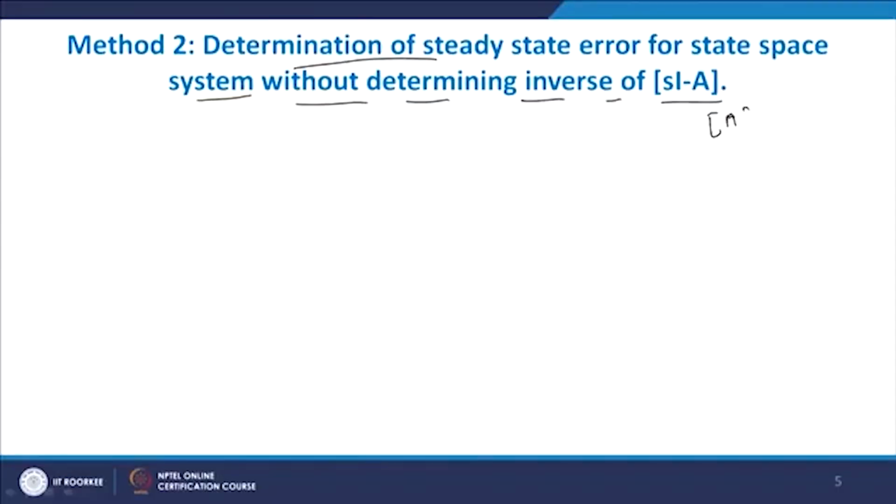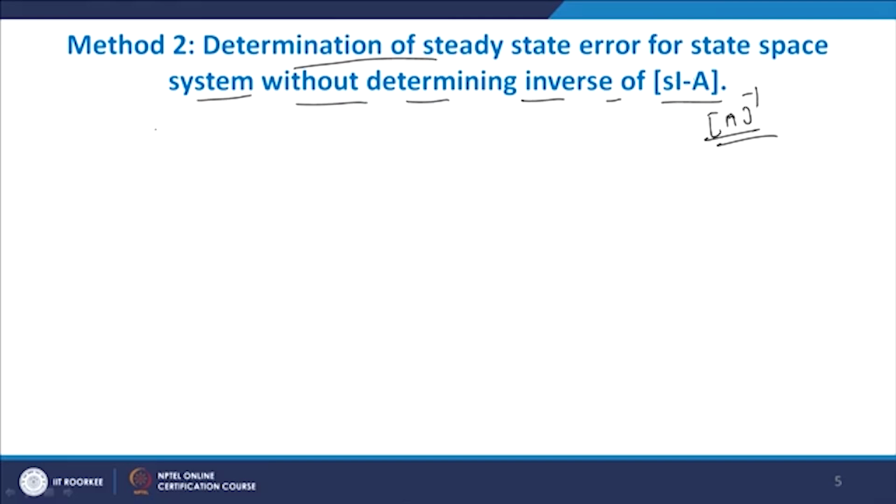So, we will find that here also we need to get the inverse, but it is not (SI - A). Here in this method only there is need to get the inverse, that is A inverse only. This SI part we can remove. Now, we will see this method.